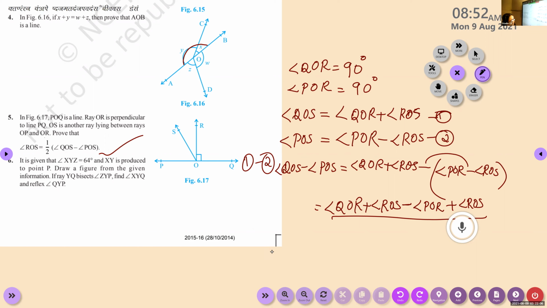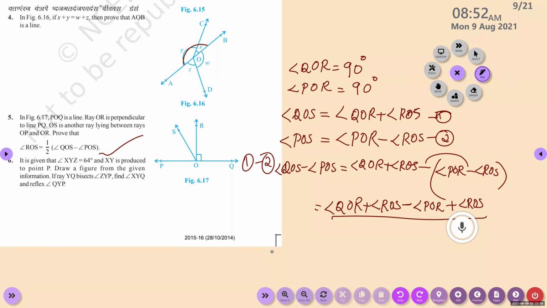Krishnaveni, can we cancel any terms here? You can't cancel anything. You have to give some reason.